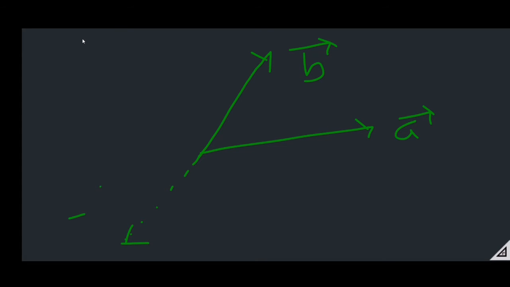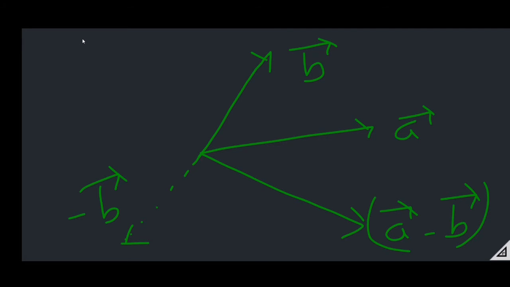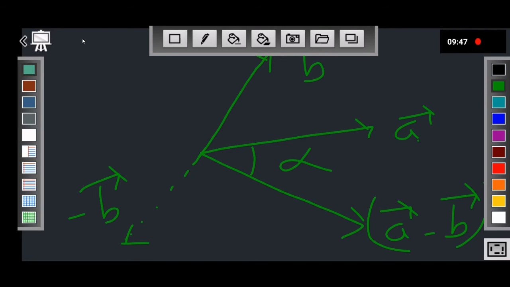Here is minus b vector, and here in this plane a vector minus b vector, and it is obtained by the parallelogram law of vectors. Suppose the angle between this a vector minus b vector and a vector is alpha. Then alpha is obtained by this formula.